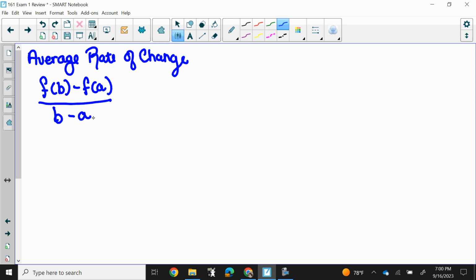So let's say I have a function, sorry, I'm going to undo this real quick. F of x is equal to negative x squared plus 6x minus 14.